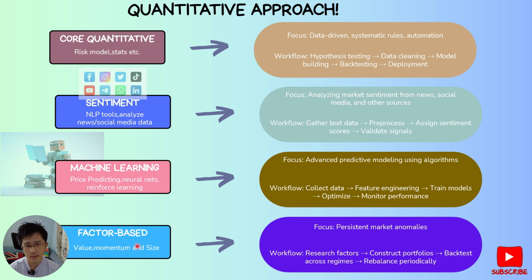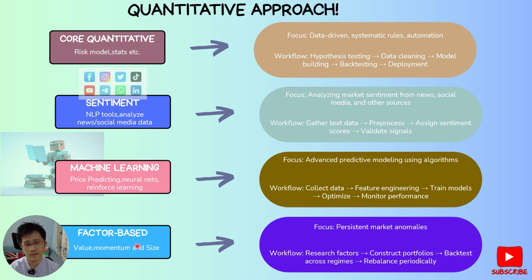So that's another factor. Then thirdly, it can also be some other factor, for example, the size of the company, which is more on the capitalization of the company. So let's say, for example, you have identified that mid cap companies are the ones that have better chances of increasing in price and all that.